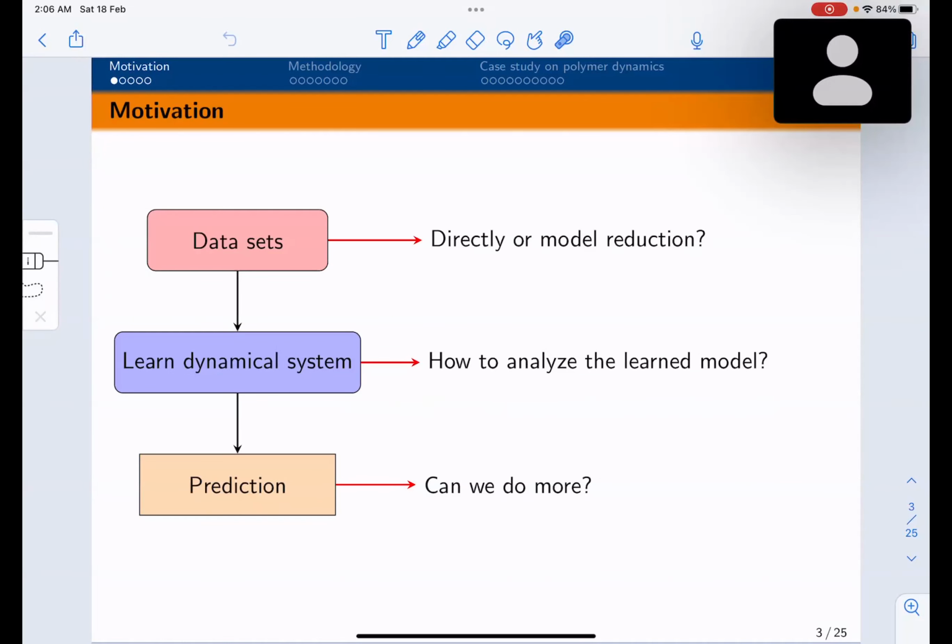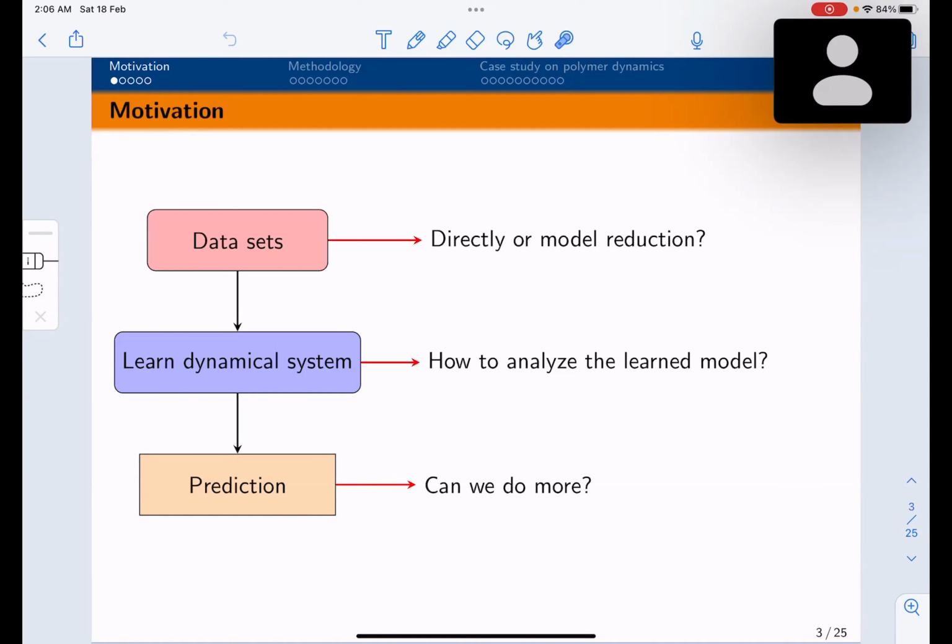As we all know, there are a lot of papers related to learning dynamics. Given a data set, they learn the dynamic system and then do the prediction. If the dimension of the data is very large, you can do model reduction. If the dimension is not so large, you can directly learn the dynamic system.